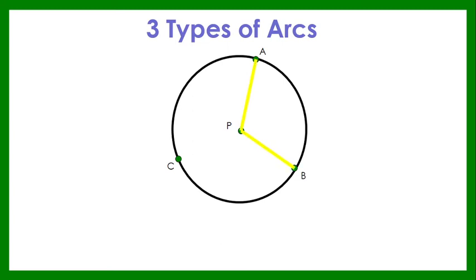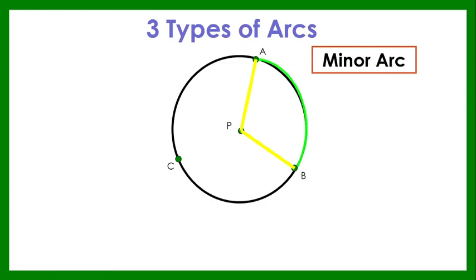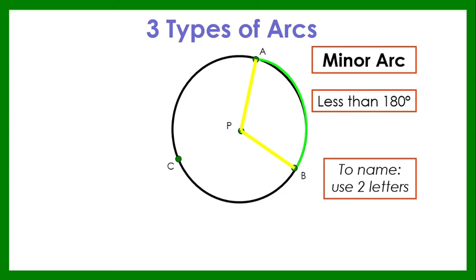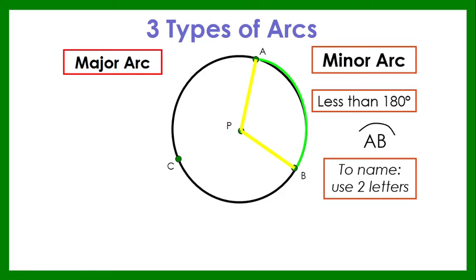Number 9 is what we call arc, wherein there are 3 types of arc. The first one is what we call minor arc. The measure of a minor arc is less than 180 degrees. And you can name a minor arc using 2 letters, using 2 points. Let's say arc AB. So this is the symbol of an arc. The second type of arc is what we call the major arc.